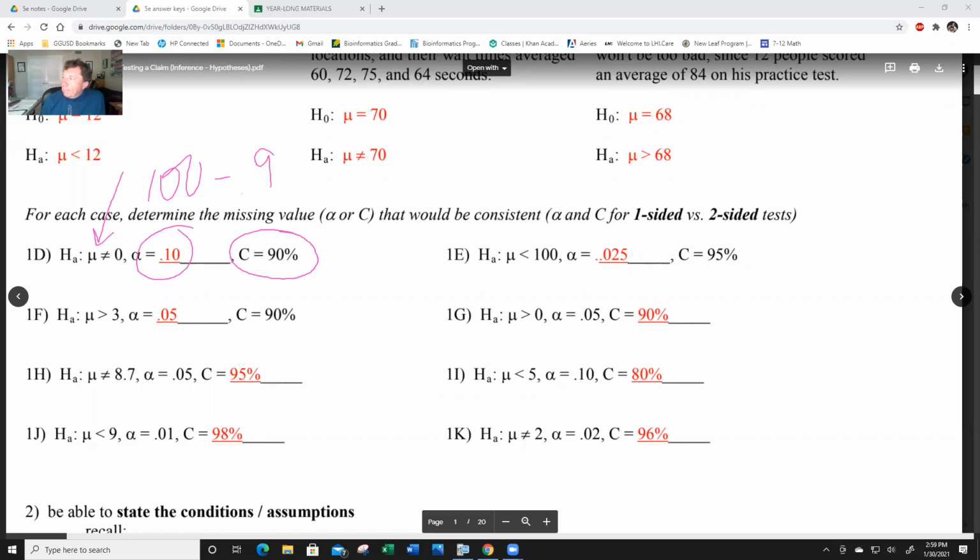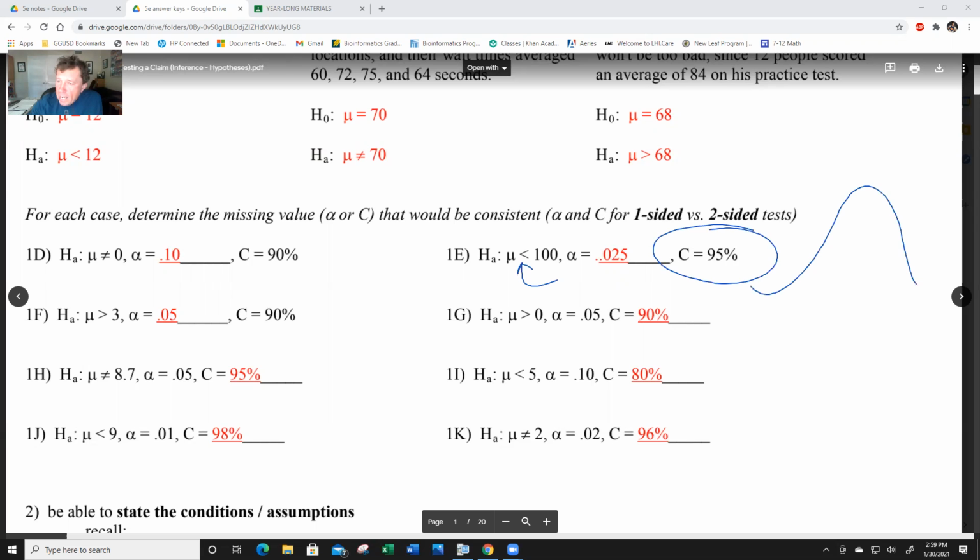In this case, this is less than right here. That's one-sided. And this is a 95% confidence level. So what that means is that there's 5% left here and here.